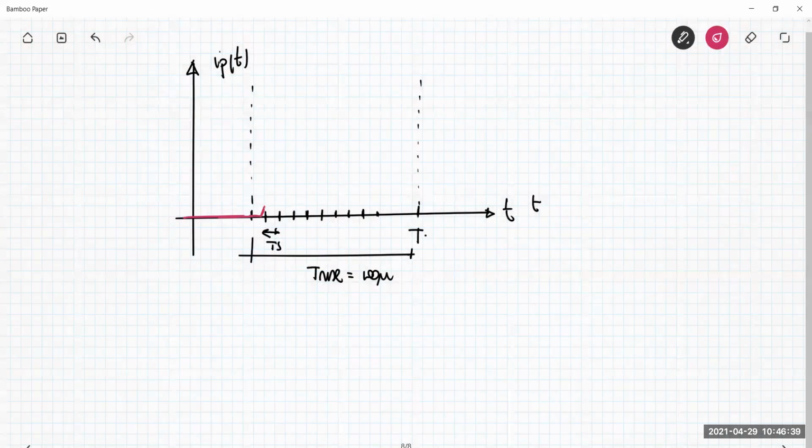This and this. So the behavior is something like this. It is a ramp made by several steps.